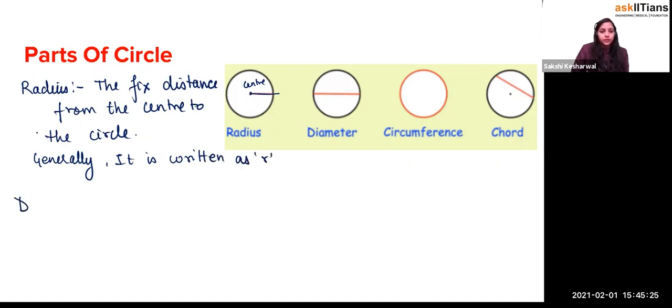Now, what is a diameter? Diameter is a line segment which passes through the center of the circle and has its two end points on the circumference of the circle.